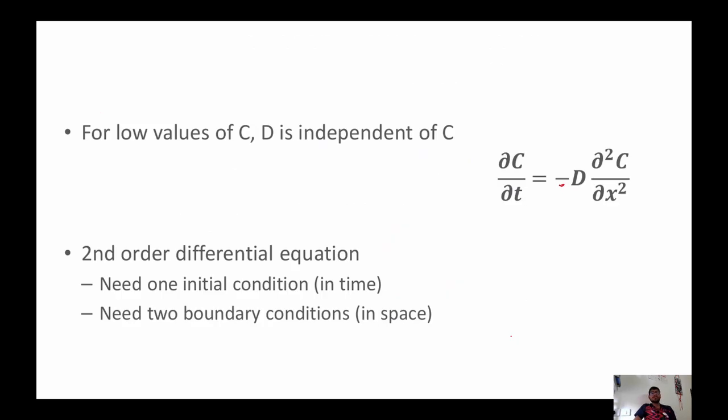Now another thing: C is the concentration and D is the diffusion coefficient. The diffusion coefficient can depend on the concentration; the higher the concentration, the more it will influence D. But most of the time it is constant, independent of C. D depends on temperature and several other factors.